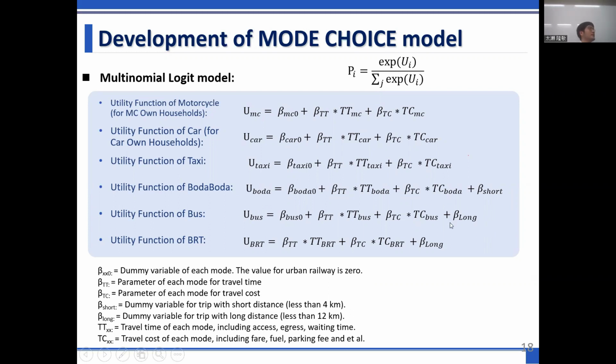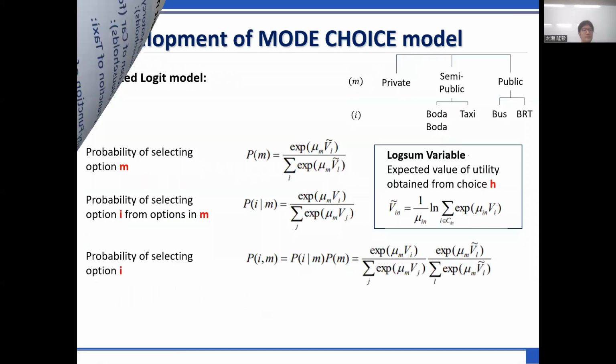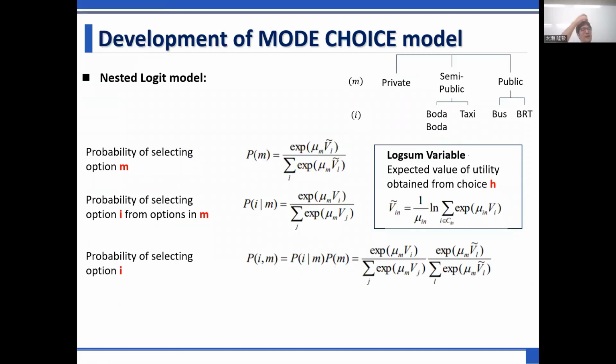On the other hand, public transport and BRT are selected for long distance trips. Such kinds of dummy variables can be selected. And yes, this is also very complicated. However, let me explain about the nested logit model.